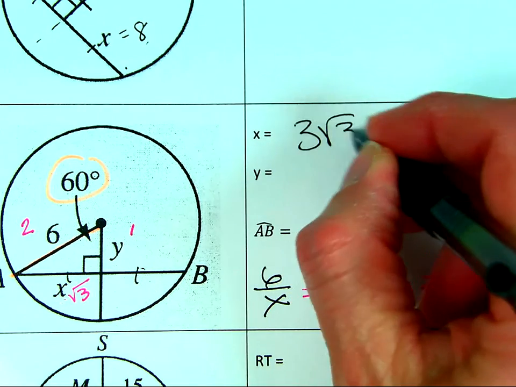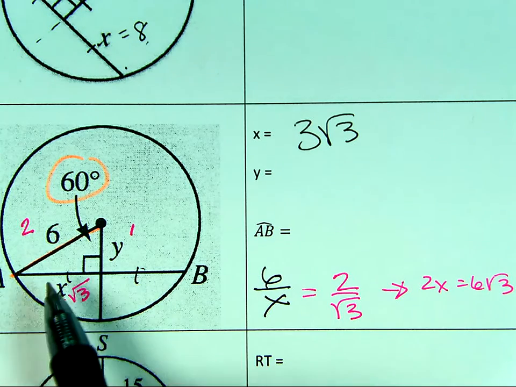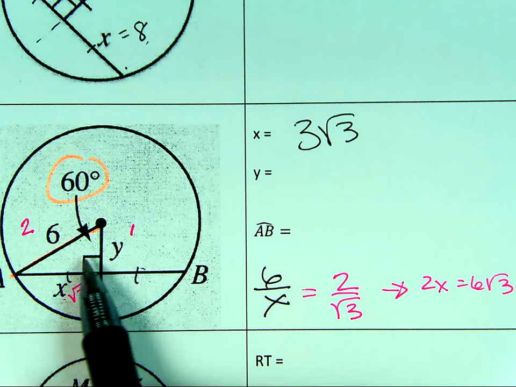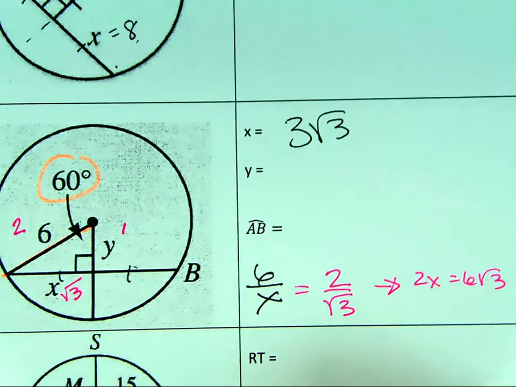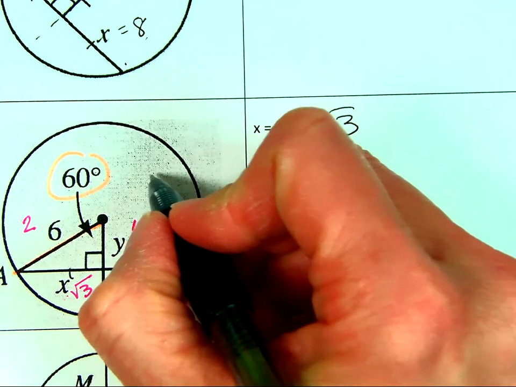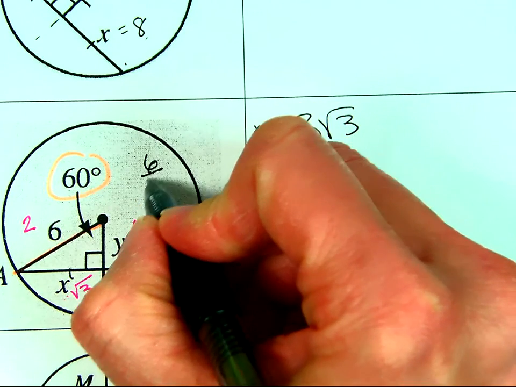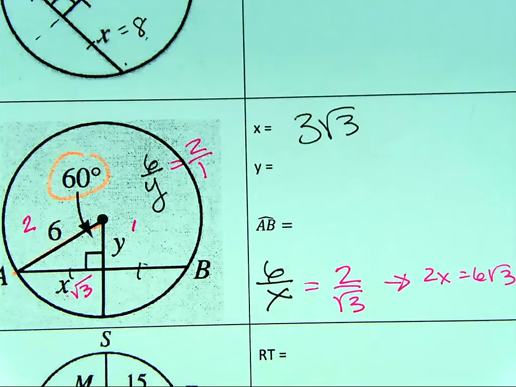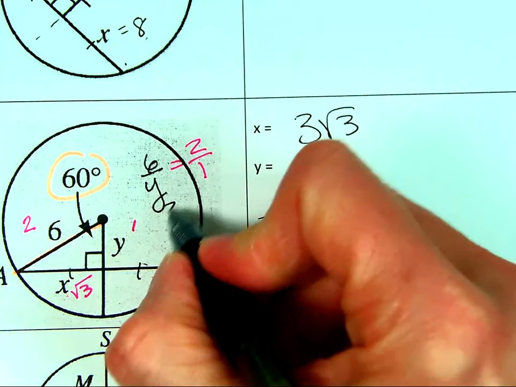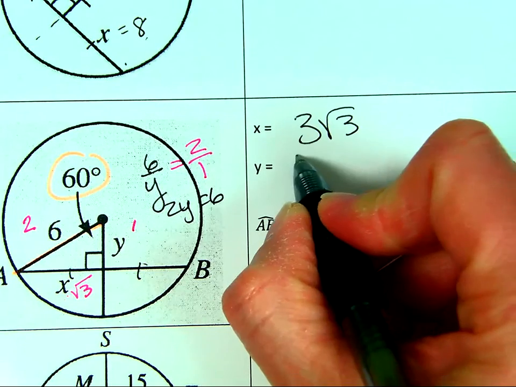Okay, x is done. Now y, I just remember that the smallest side is always half the hypotenuse, but let's say you forgot that. Then you could have set it up 6 is to y as 2 is to 1, and when you cross multiply you get 2y equals 6, and so y equals 3.